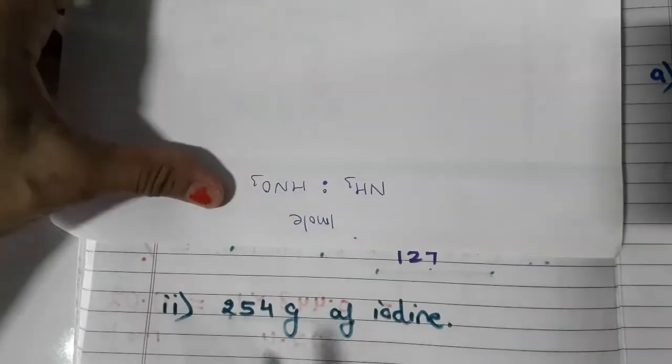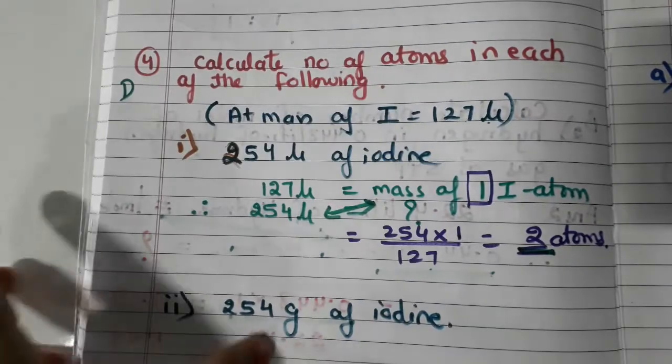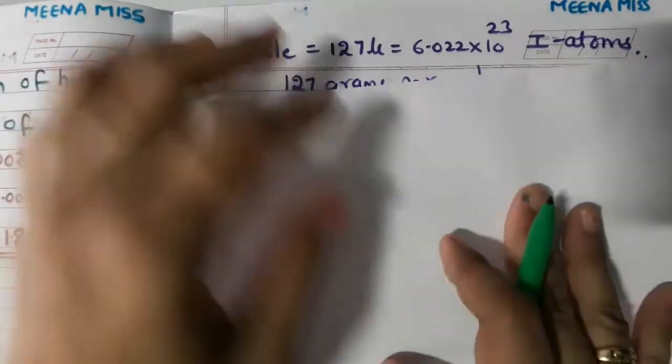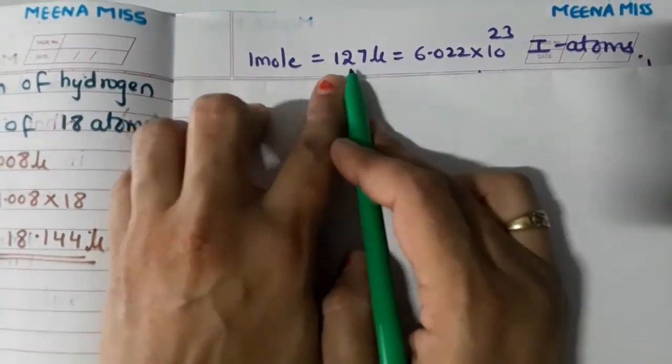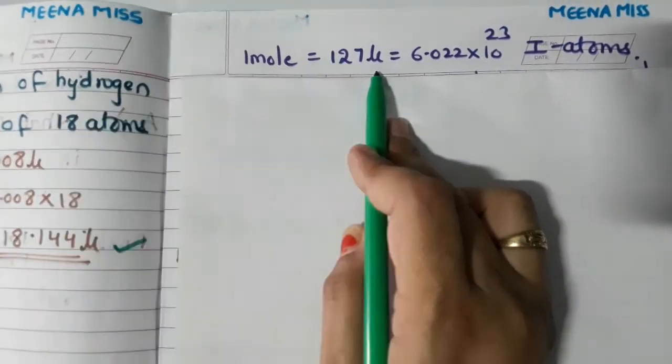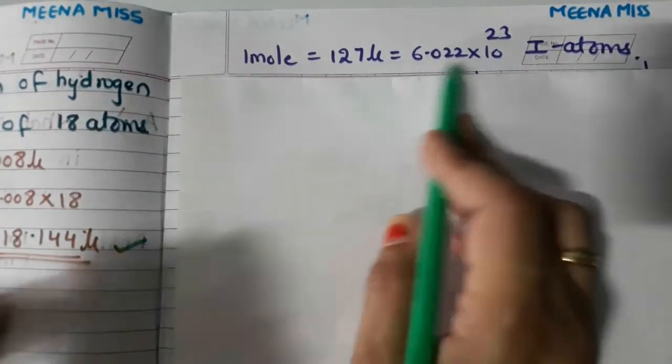Here we have one more question. Find out the number of atoms present in 254 grams of iodine. Now students, how are we going to solve this? Have a look at this. 1 mole has atomic mass 127 mu, which contains this many atoms.